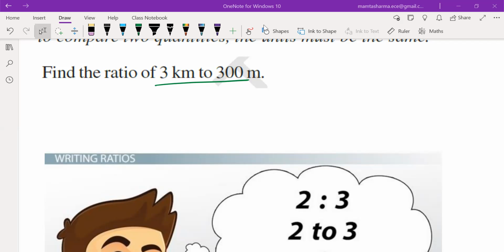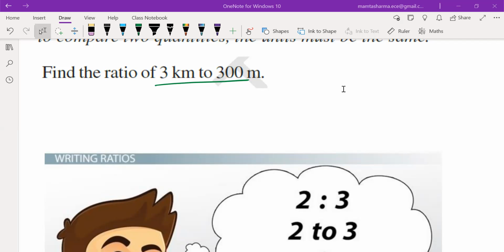Okay. So now find out the ratio of 3 kilometer to 300 meter. Yes, correct. Ma'am, I've sent the answer. Isha is correct. Nikhil is correct. Mahavir is correct. Ahana is correct.